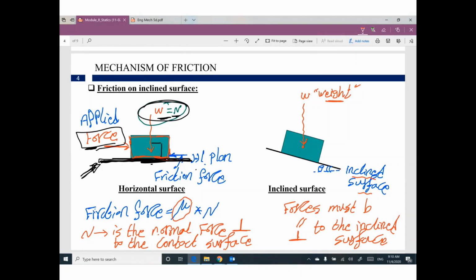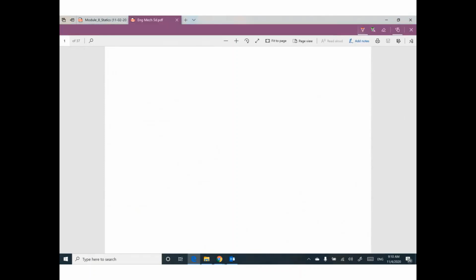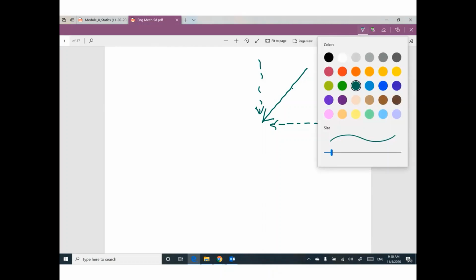Before, in the previous modules of this semester, we had an inclined force, and we needed to get its horizontal component and vertical component. But right now we have a different scenario.